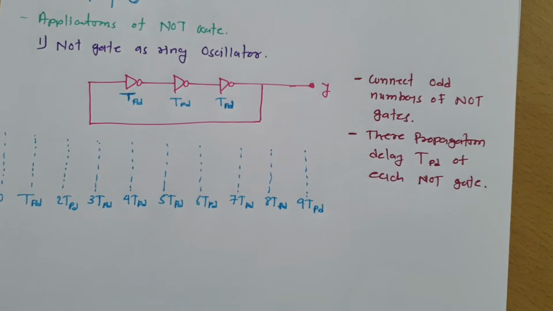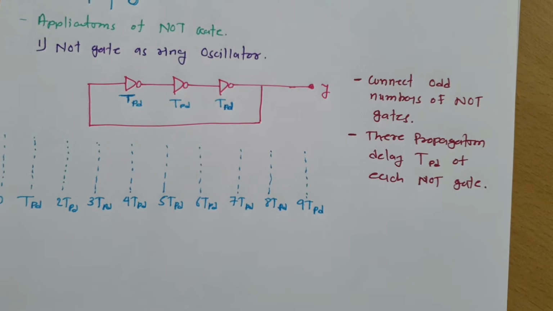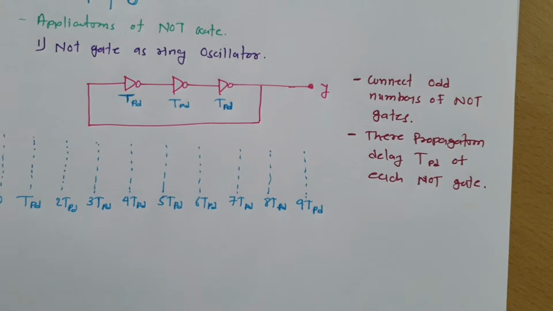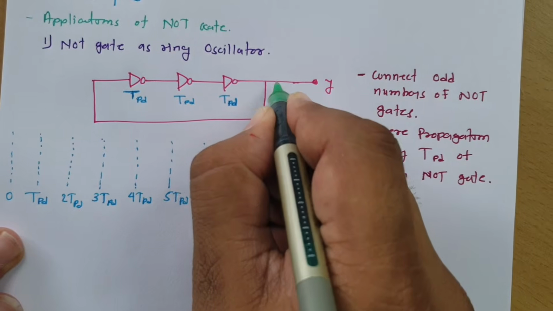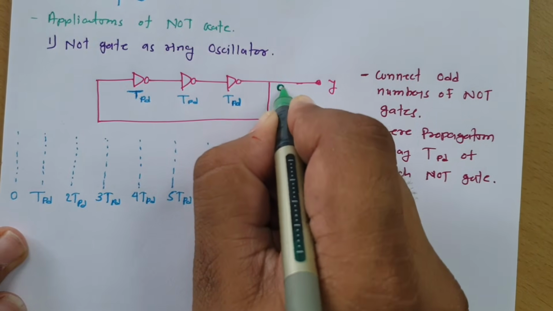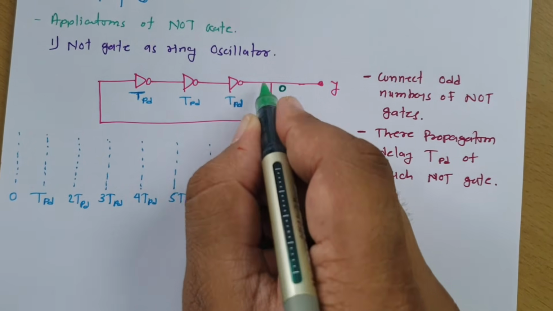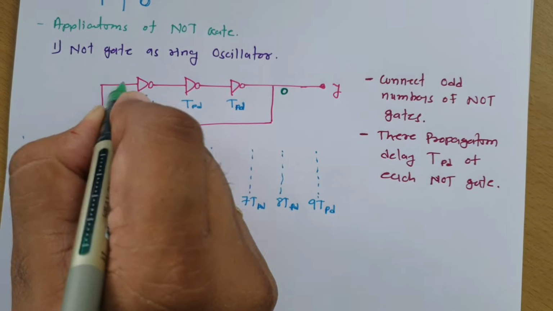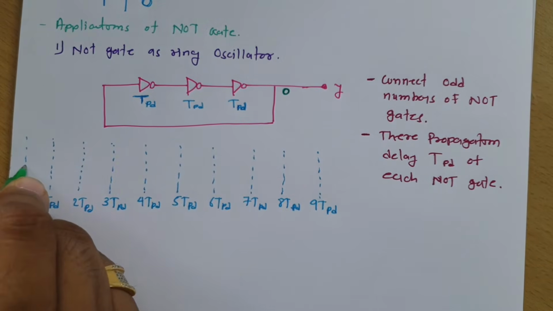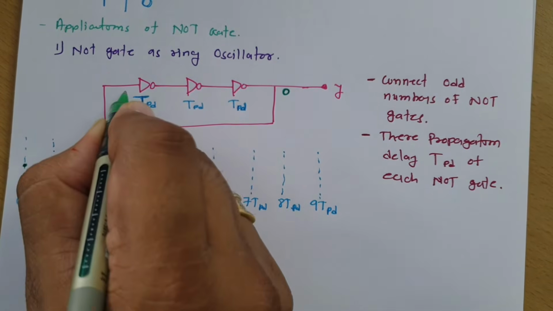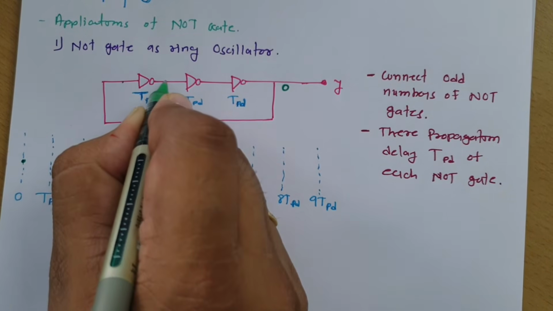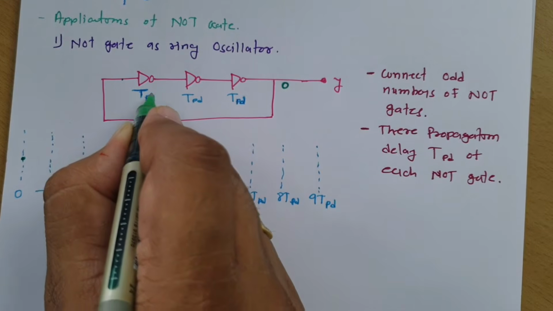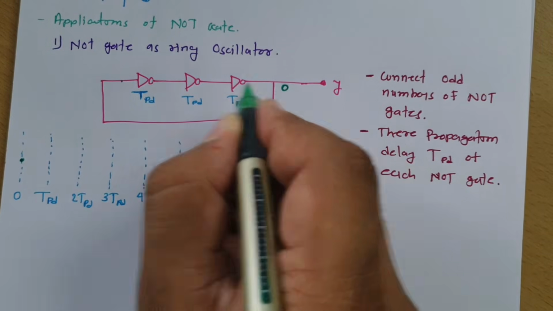Now our agenda is to understand how this circuit functions. Initially, let us consider the output is 0. This output 0 will come over here. When it goes from this inverter to the next inverter, it takes TPD time, and till then the output is 0 only.